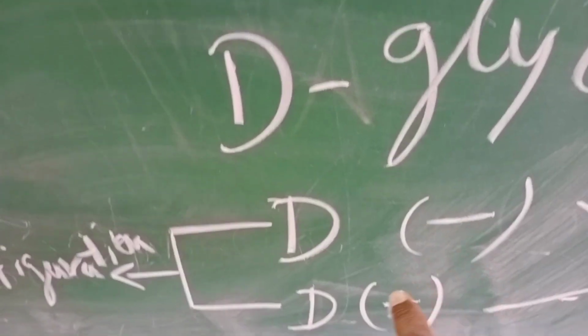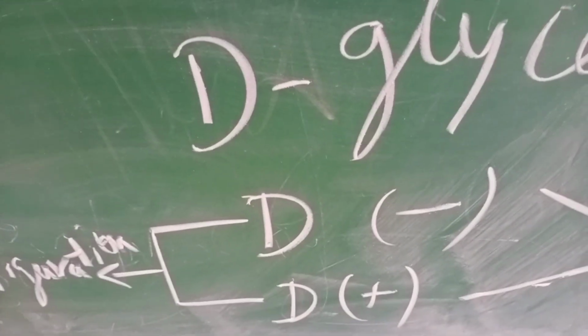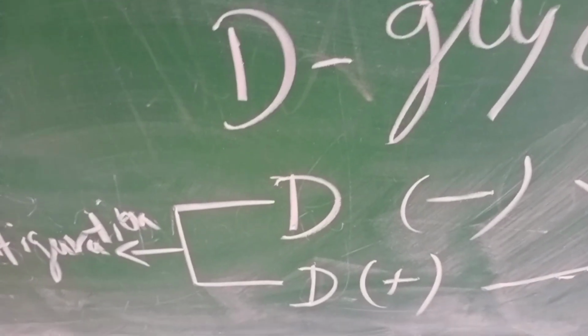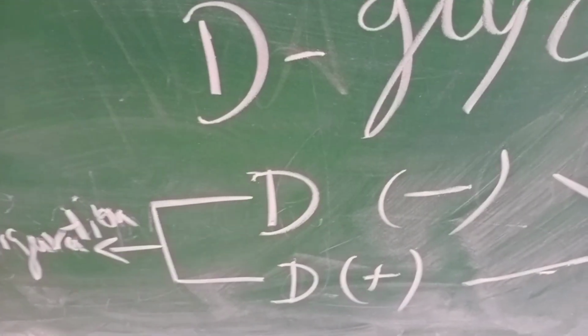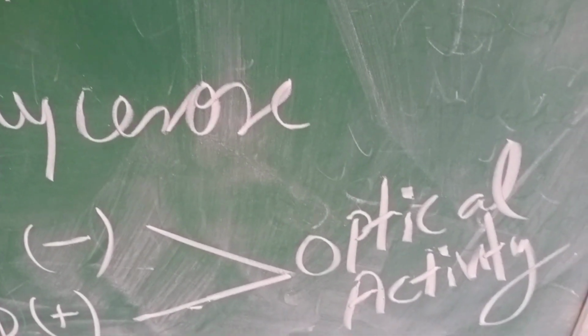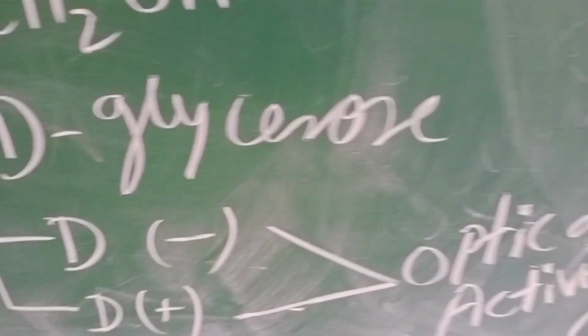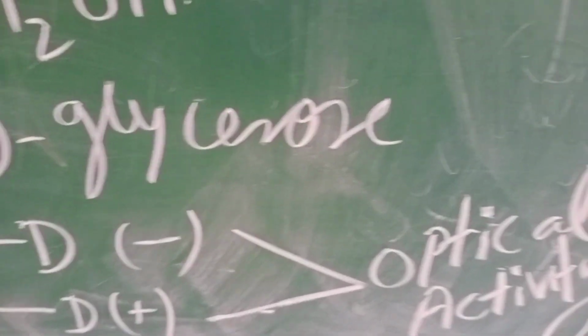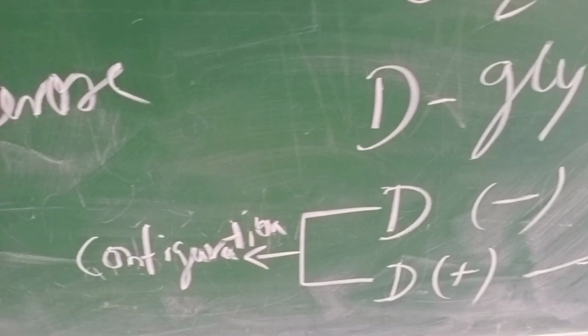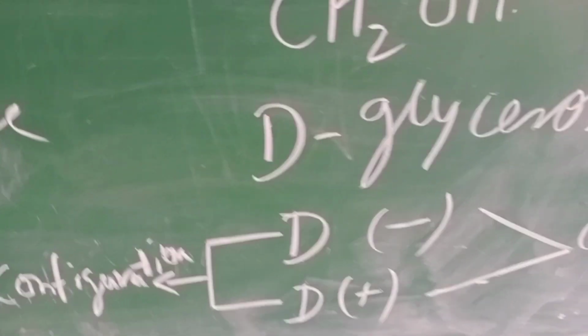This is the negative sign and this is the positive sign, and the positive and negative signs ultimately represent the optical activity of that particular molecule. I have also represented the same here: I have marked the positive and negative signs as optical activity, and the capital D as configuration.